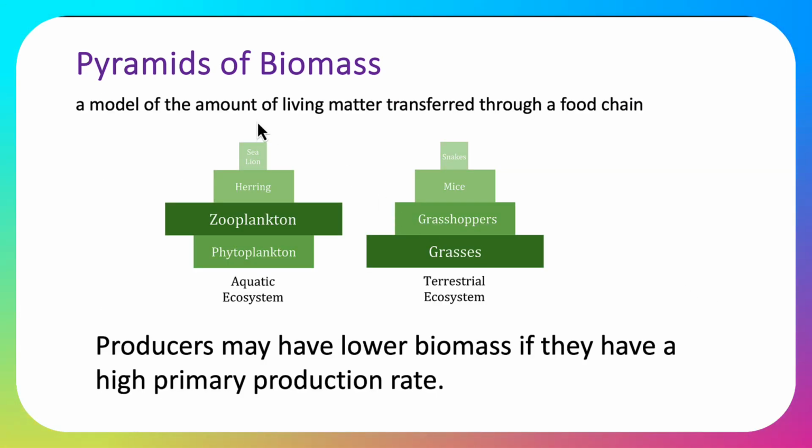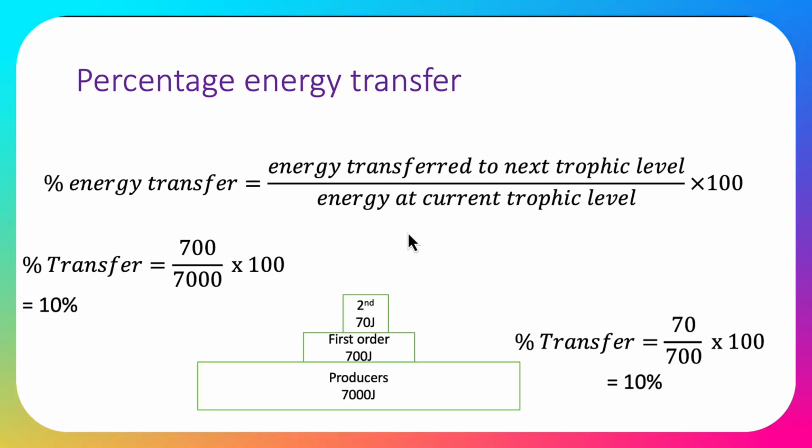So pyramids of biomass, this is the dry biomass of the ecosystem. And it can show, like in an aquatic ecosystem, that the producers are actually smaller than the primary consumers. And that's because they have a high primary production rate.